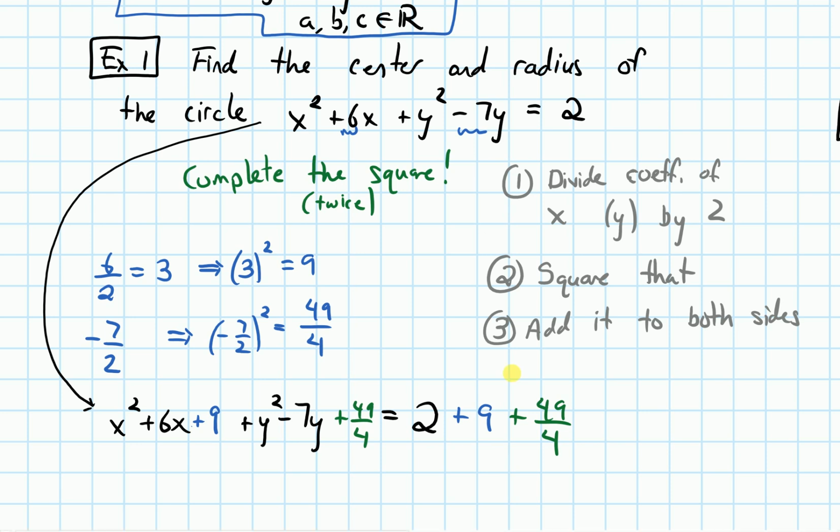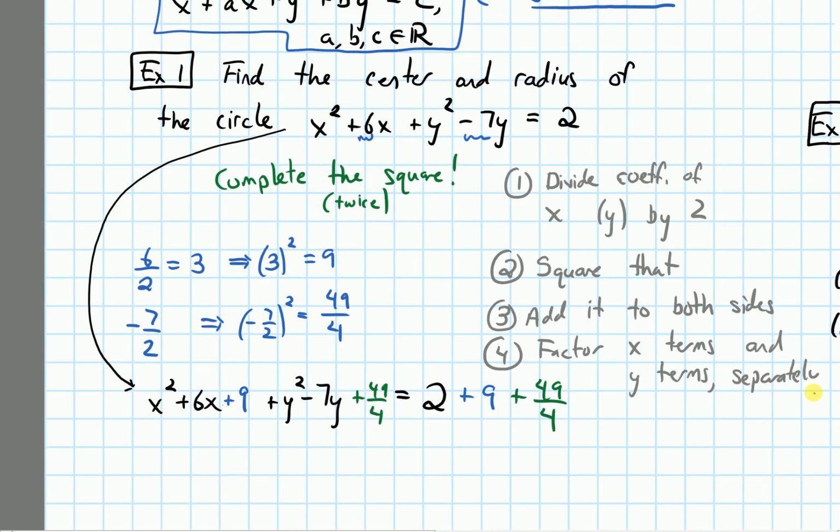And now there's one more step. The last step is we factor the x terms and the y terms separately. What do I mean by that?